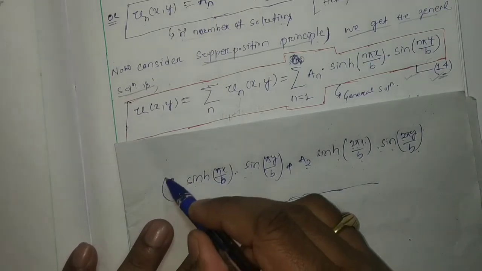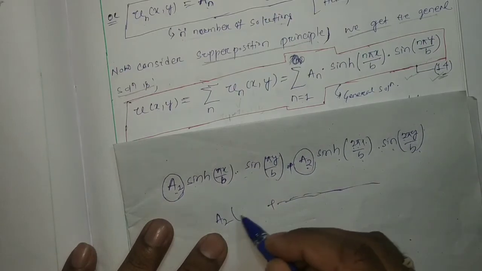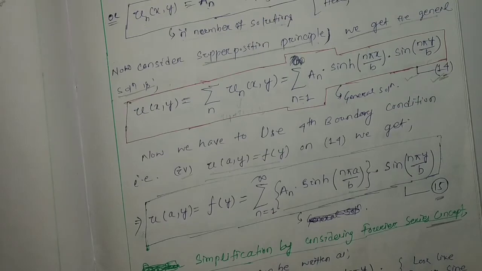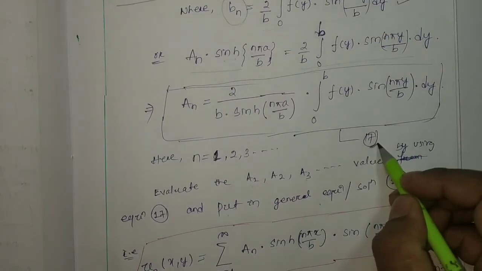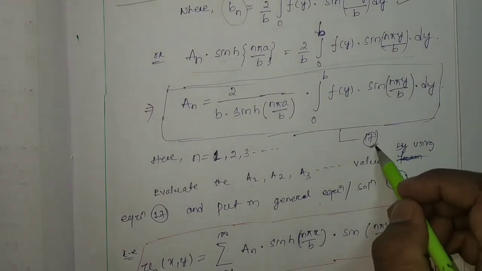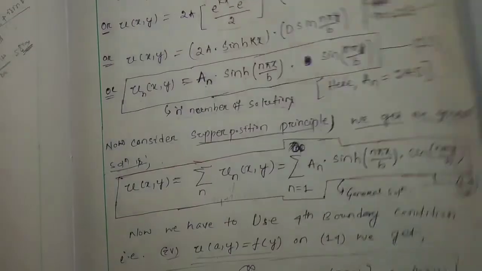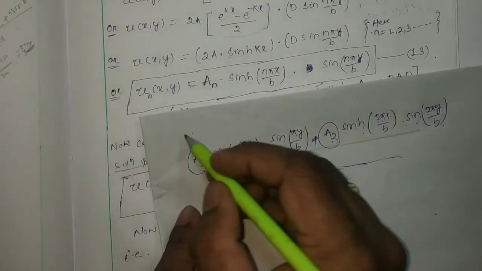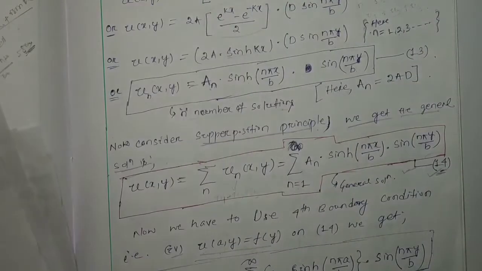These constants a1, a2, a3 can be evaluated with the help of equation number 17, and we substitute them here. This is your u(x,y), the general solution.